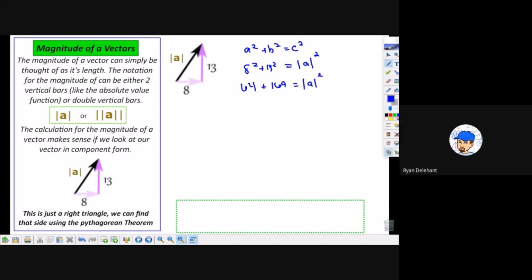So 169 and 64 is 233. How do I get rid of the squared on that magnitude? Square root it. So the square root of 233 is that magnitude. That's its length, right? So let me do a little bit of digging with this one.